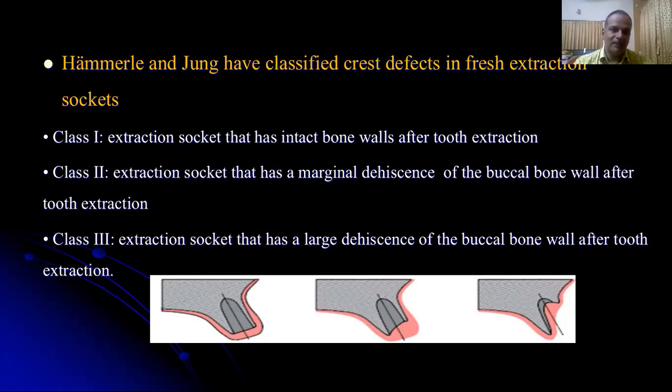The most preferred way to manage the hard and soft tissues in a fresh extraction socket is by connecting a temporary restoration, or immediate provisionalization of the crown. It will help in maintaining the soft tissue architecture by maintaining the interdental papilla and the marginal gingiva, and it provides a good emergence profile for the implant crown.